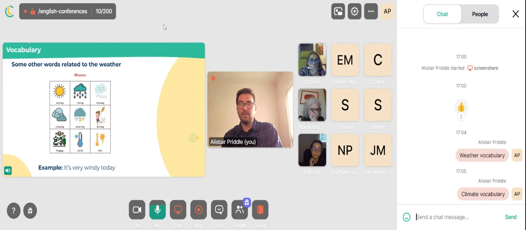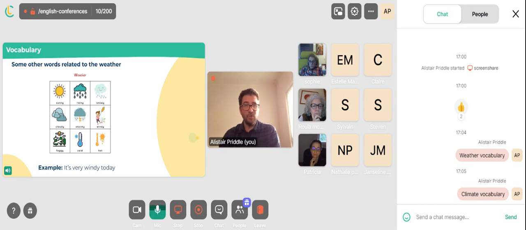Well, here are some other words related to the weather. We've got some weather adjectives here. Sunny, rainy, snowy, cloudy, stormy, windy, foggy, cold, and hot.